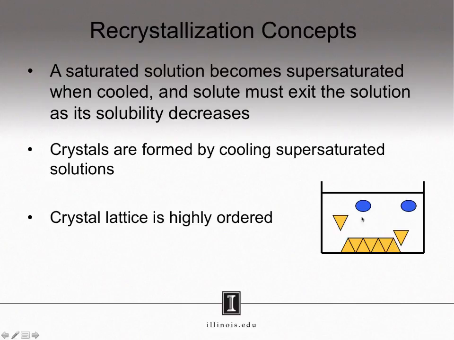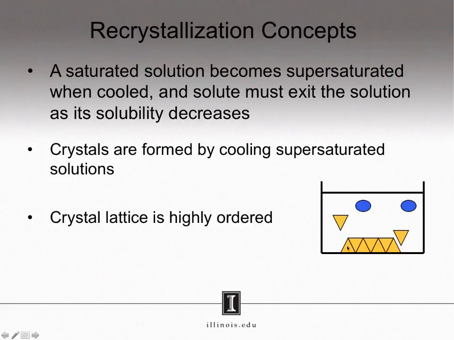If these blue impurities up top tried to attach themselves to the crystal, you can see how, because they are a different shape, they would not fit into the lattice nearly as well as the remaining yellow triangles. Therefore, these impurities remain in solution, leaving us with pure, solid crystal.